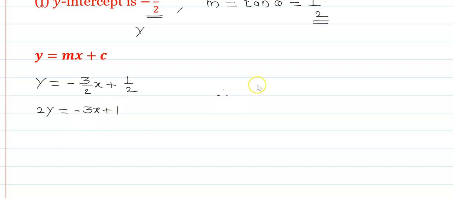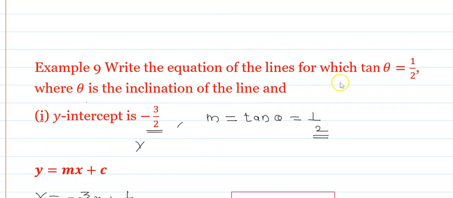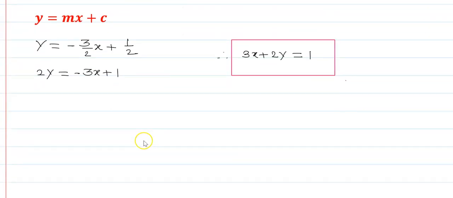And this is nothing but x minus 2y equals 3. Then we know this when we know the slope and y-intercept. Okay. Now the next.